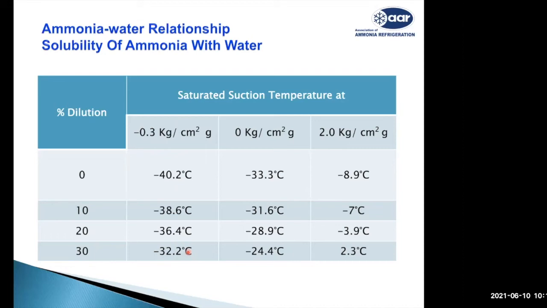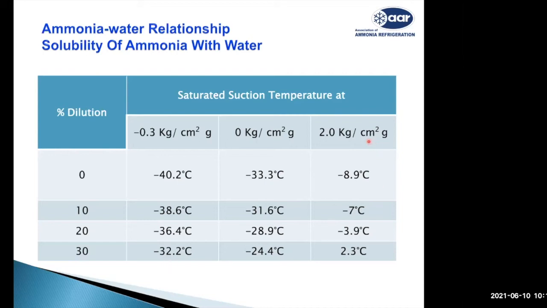So my freezer will not operate at minus 40, but the gas will be only at minus 32. So if I have to get minus 40, I have to reduce my suction pressure much lower than minus 0.3, or I will not get my desired freezing effect of the plant.